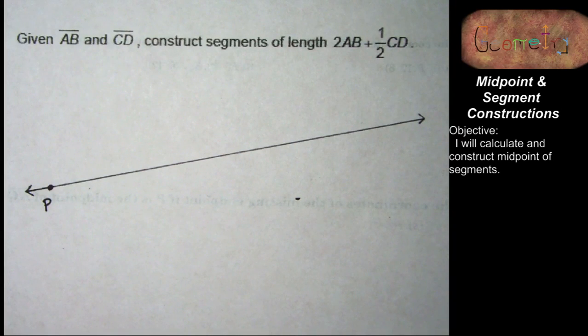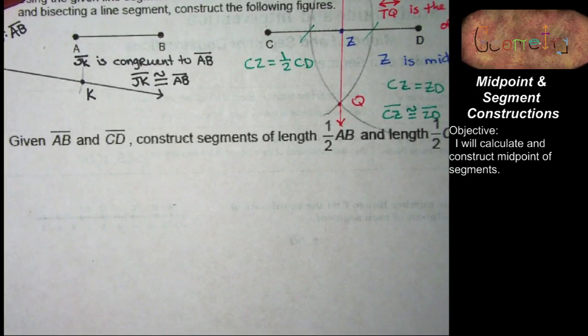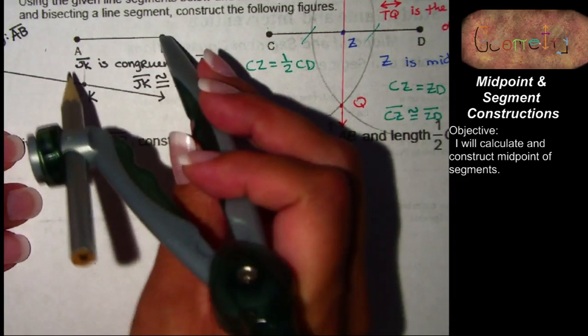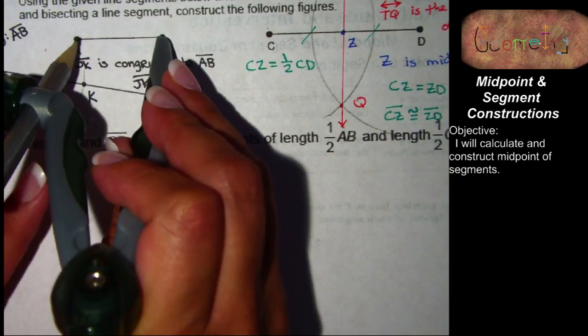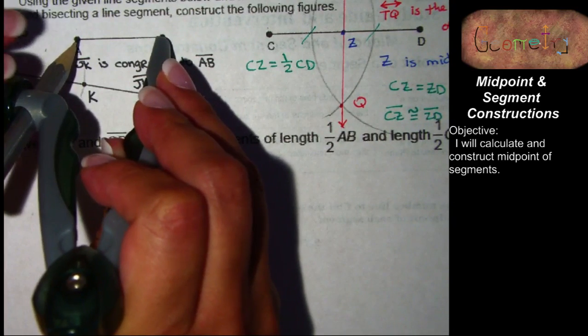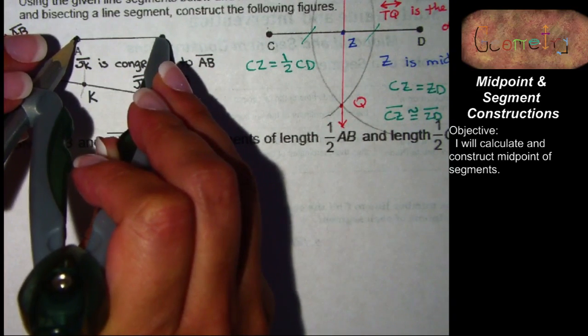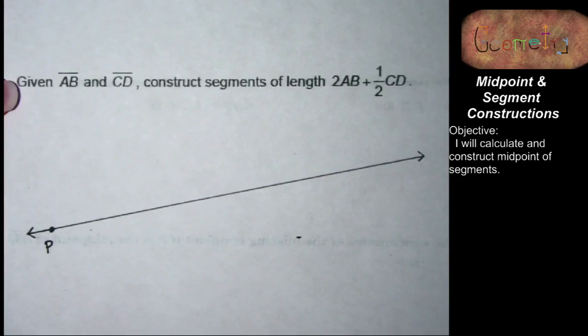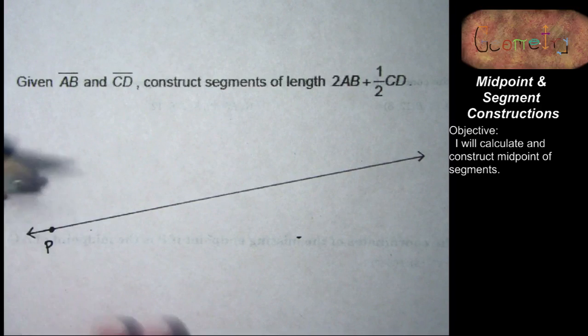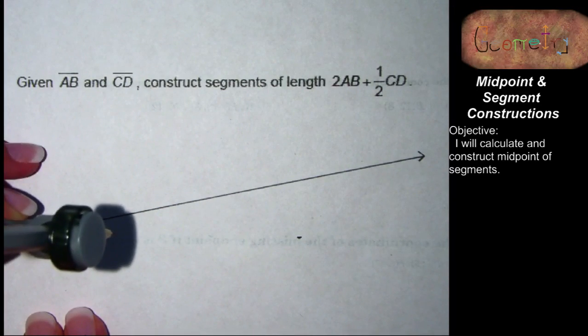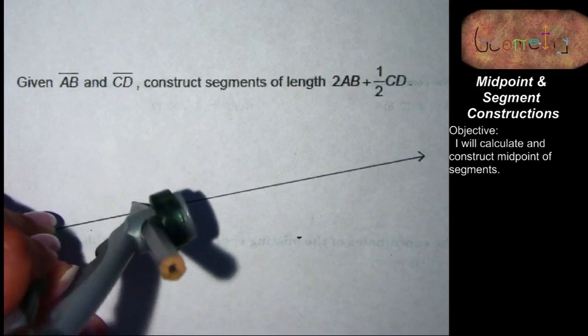We're going to do the same thing, but with AB and our compass. So I'm going to scoot this down. Here's my segment AB at the very top of the page. I'm going to mark off its distance. There is the size of my king AB's foot. I'm going to come back to where I have my line with P. And putting my needle on P, I'm going to make the arc.